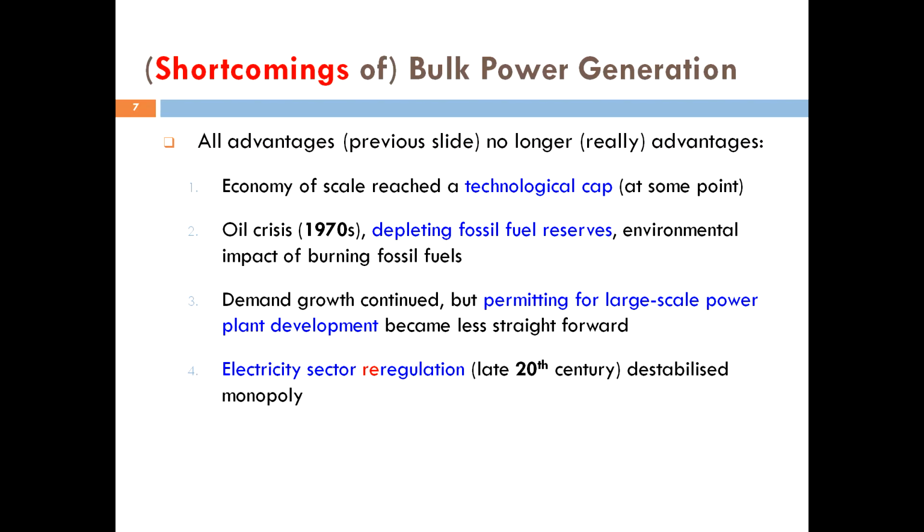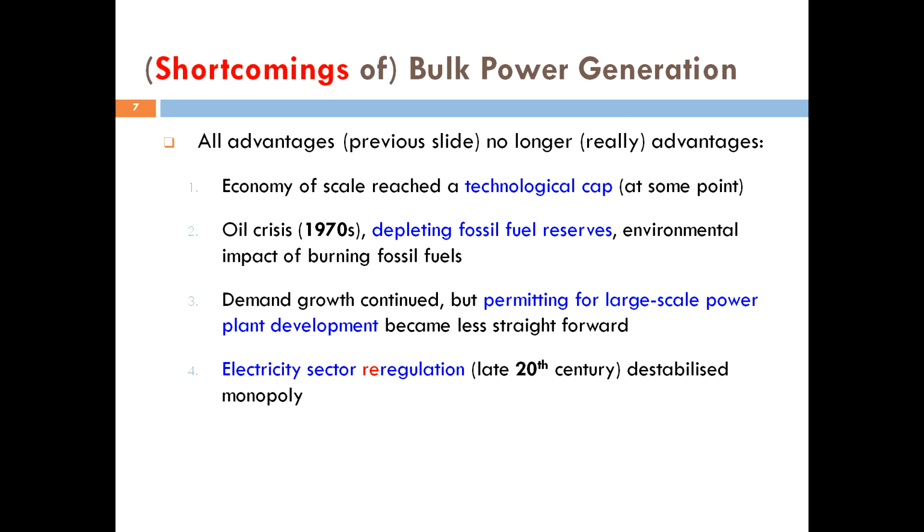Then we also had a phenomenon that developed in the latter part of the 20th century, and that was the deregulation or the re-regulation of electricity supply, which started to encourage competitiveness in the generation and supply of electricity.